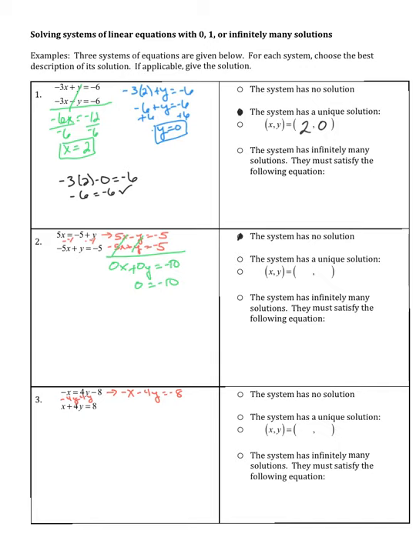And the second one is x plus 4y equals 8. So everything's lined up nicely to eliminate. All right, negative x plus x is 0x. Negative 4y plus 4y is 0y. Negative 8 plus 8 is 0.